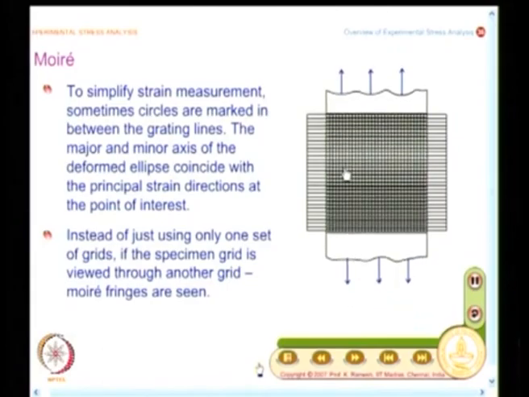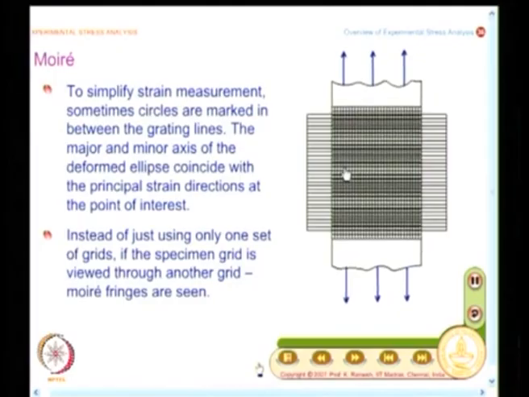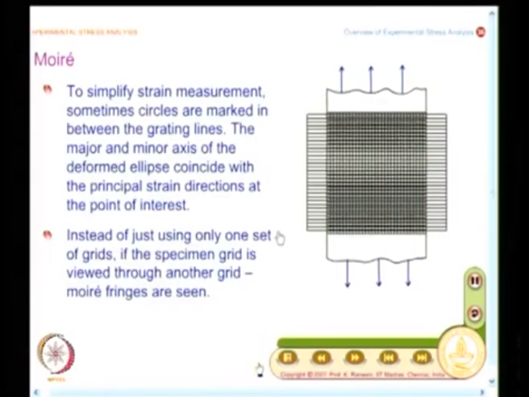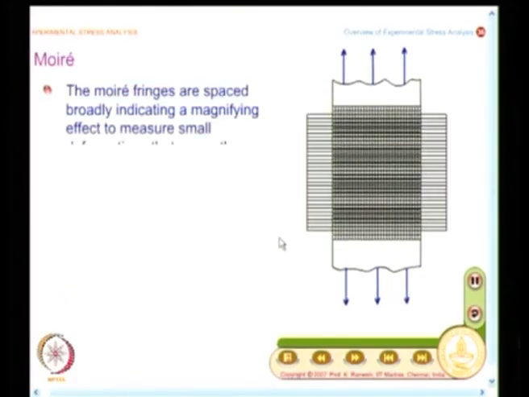And what you find here is, this moves slightly, but I see a number of fringes. So, indirectly you can understand that it is some sort of a magnification effect that Moiré helps you to measure. So, I want to measure very small deformations, and Moiré helps better than the grid. And if I want to go for finer and finer information, I need to have finer and finer grids.